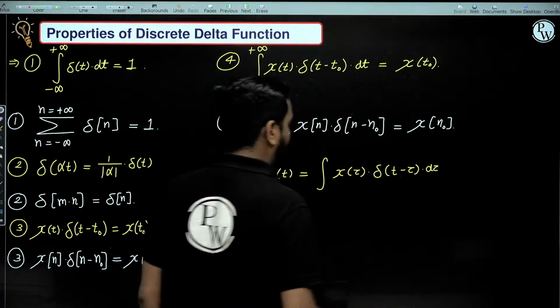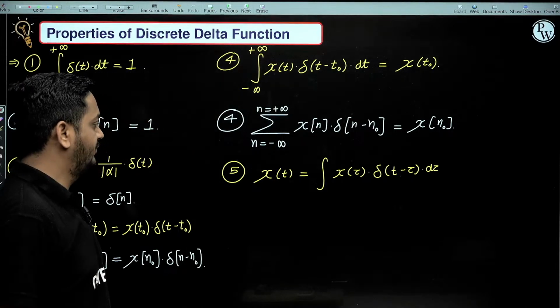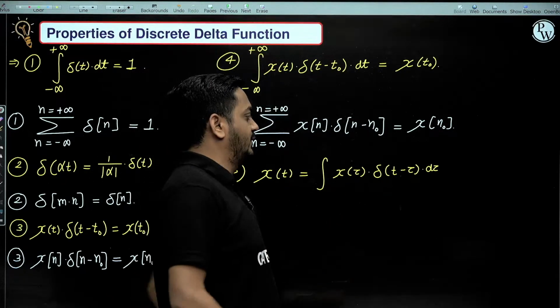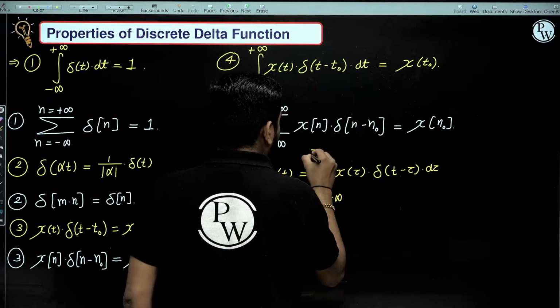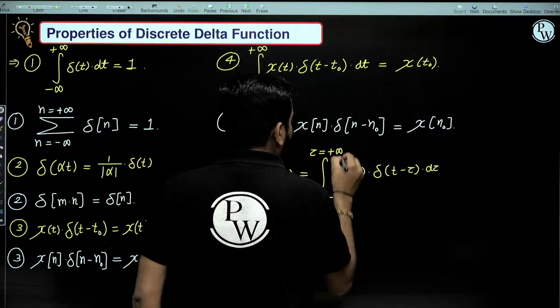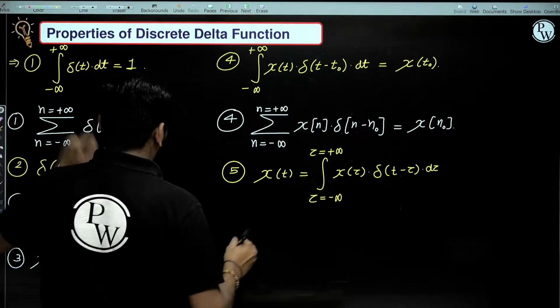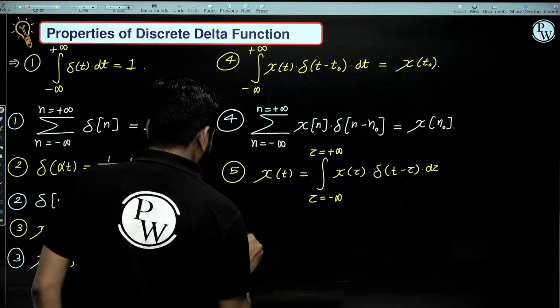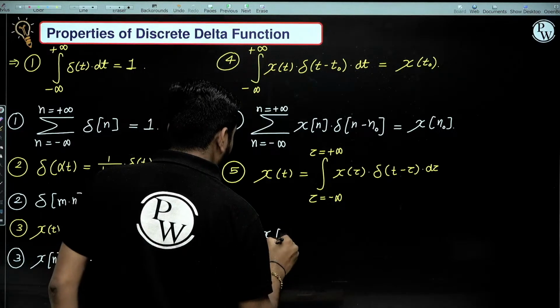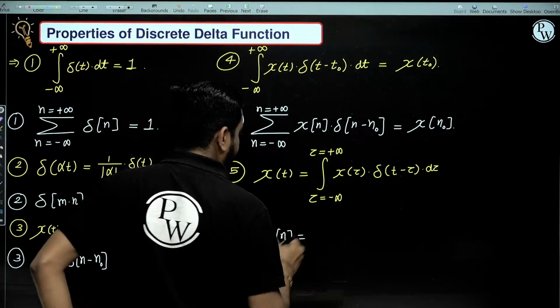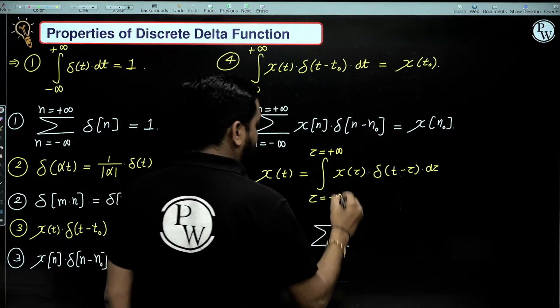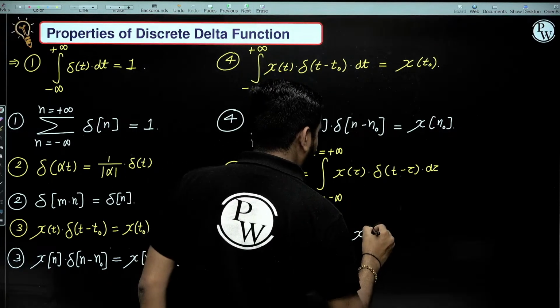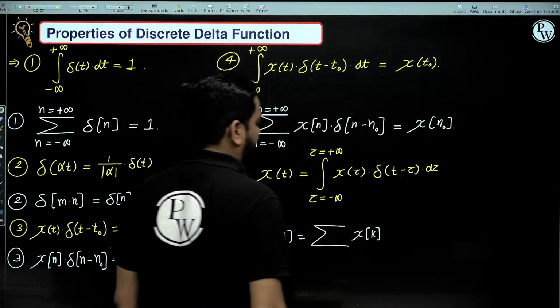Any general signal is represented in weighted and shifted impulses, and here tau is from minus infinite to plus infinite, guys, correct? In a similar way here also, any general signal x of n, instead of integration, here summation, guys, x of tau. So instead of tau we can write x of k, guys.